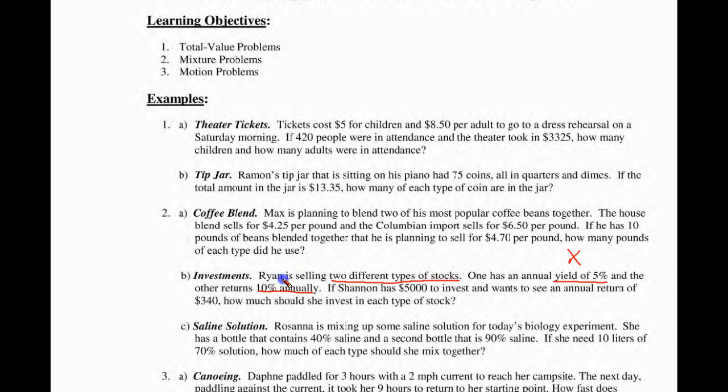Call that Y. Now, if they have this much to invest, well, this is the amount that you're going to invest at 5%. So we have X at 10%. That's your first equation. And we're seeing this pattern repeating as we go through these.